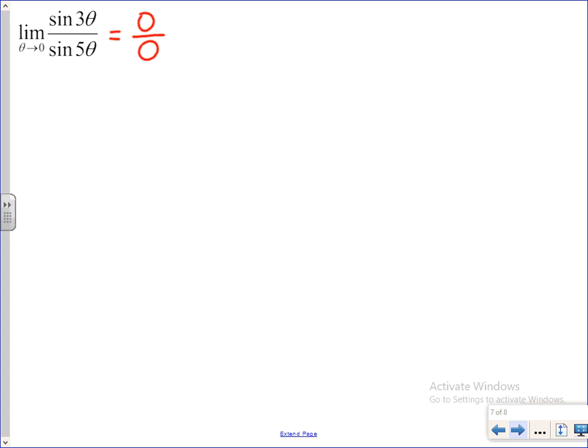We use direct substitution. We get the sine of 0 over the sine of 0, which is 0 over 0. Okay? We can't do that, which means we need to rely on some technique to help us. Does anybody have any thoughts, suggestions, ideas? Kelly?